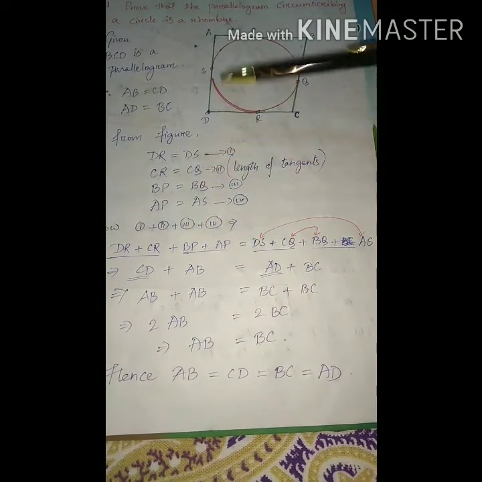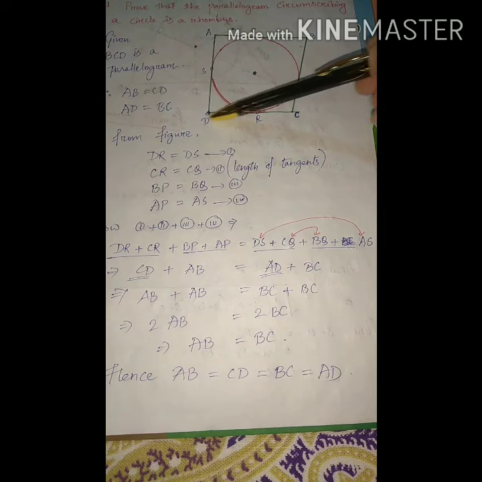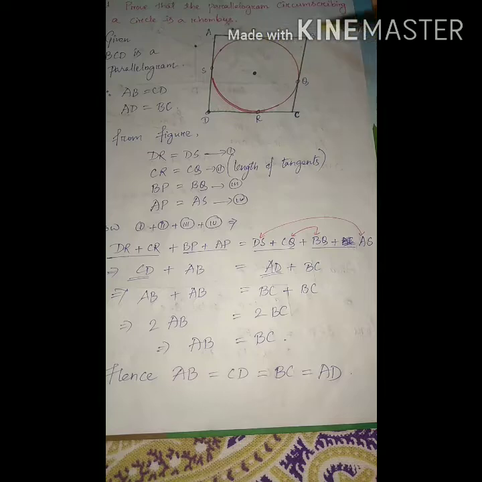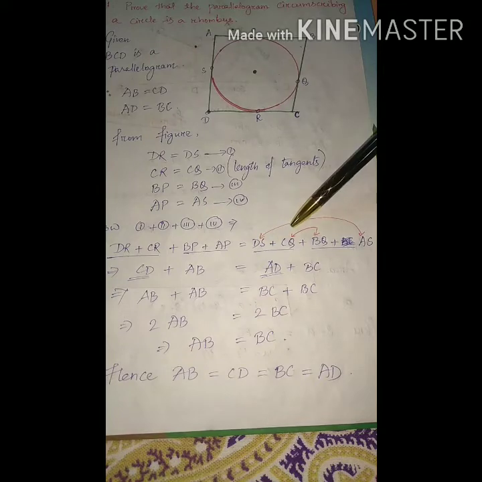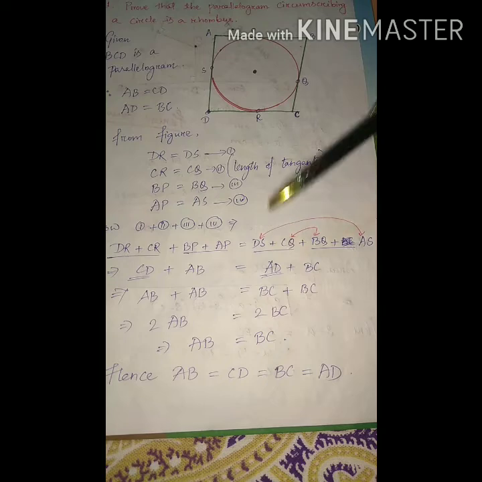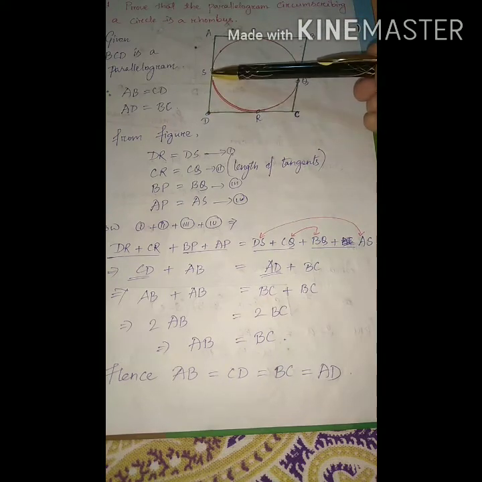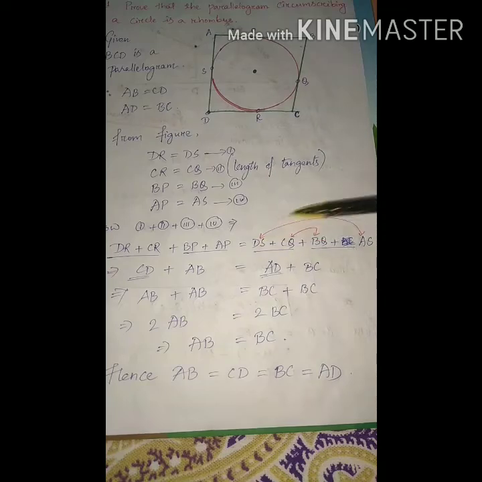DR plus CR gives CD. Similarly, from the diagram, BP plus AP gives AB. In the same way, on the right-hand side, DS is there, CQ is here, BQ is here, and AS is here. What do we have to add with DS? AS. That's why the arrow mark is drawn: DS plus AS.